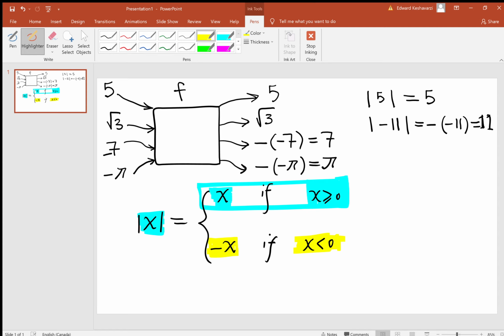A lot of students are confused that how come negative x is positive? Of course negative x is positive because x is negative. Therefore, negative x is positive. This is the definition of absolute value.